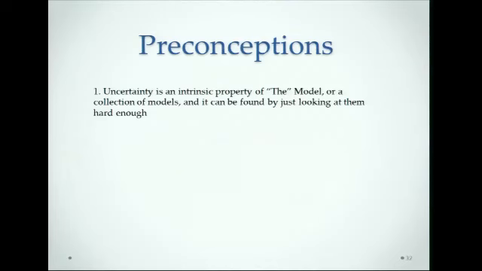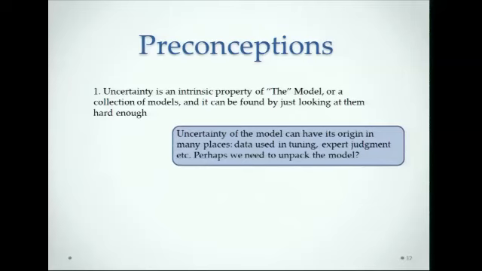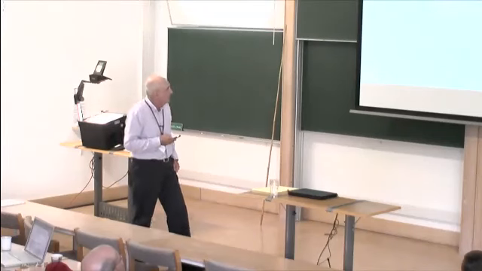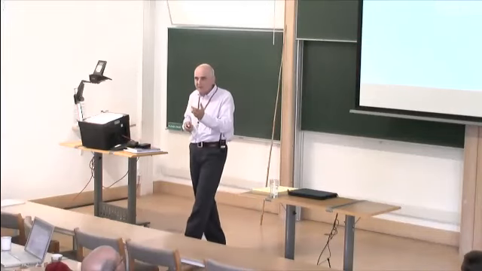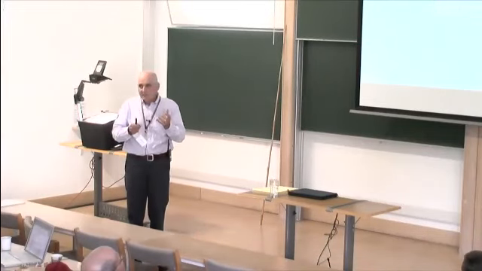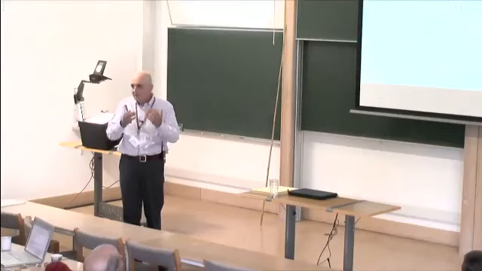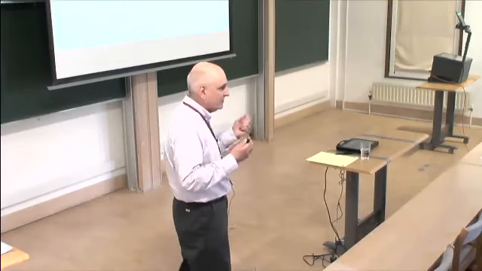And if you look at them hard enough, do multi-model ensembles, single model ensembles, we can somehow estimate the intrinsic uncertainty. But it seems to me that the uncertainty has its origin in many, many places. For instance, in doing this tuning of the model, the expert judgment and so on. And perhaps we need to unpack the model to try to see how that uncertainty is put together, right? Unpack the operational formation of the model.